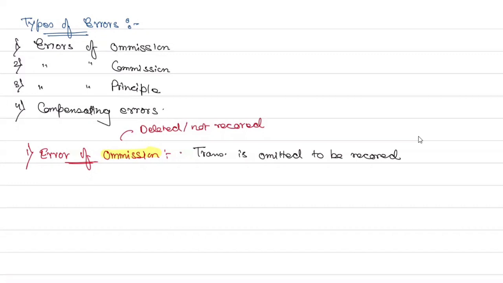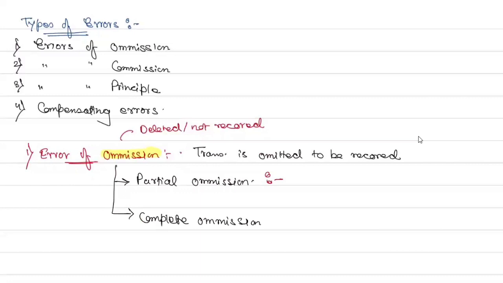Now, errors of omission can also be of two kinds: one is partial omission, and one is complete omission. What is partial omission?